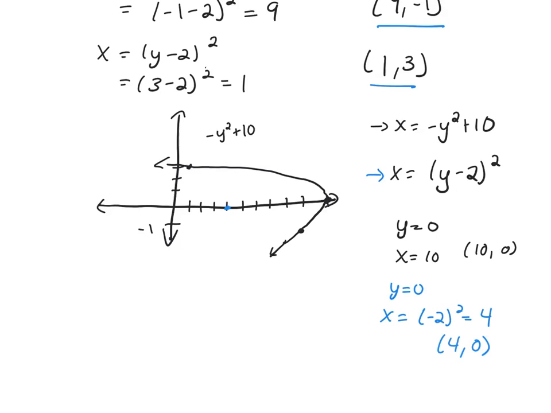And this other parabola is going to open to the right because its coefficient of y squared is +1. So in the end, this is going to look like, let's see if I can draw it here sideways. It goes like this.